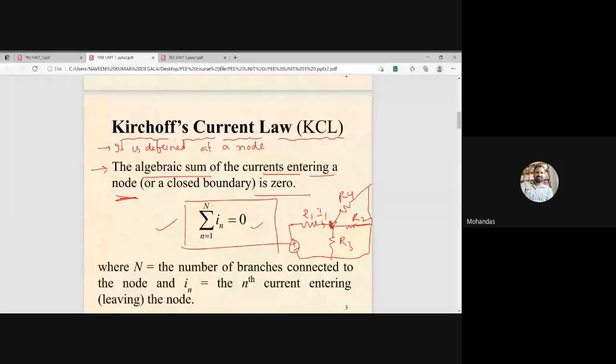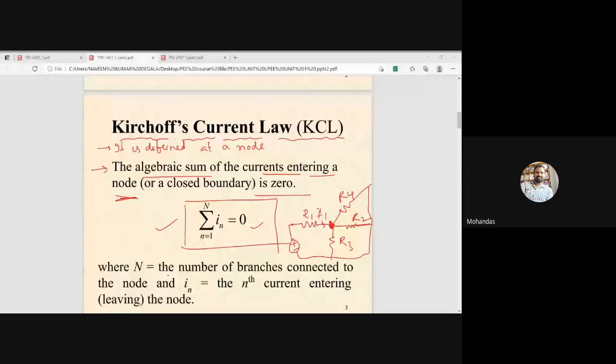Now what does this N indicate? N is the number of branches connected to the node. In this case, how many branches are connected here? Can anybody guess? Please respond. Shravan? 4, sir. Yeah, very good. 4 branches are connected.